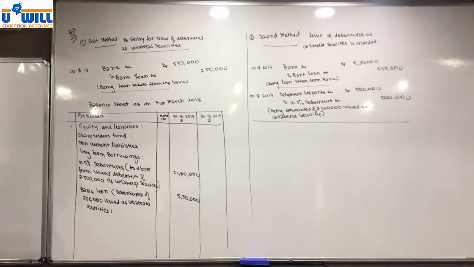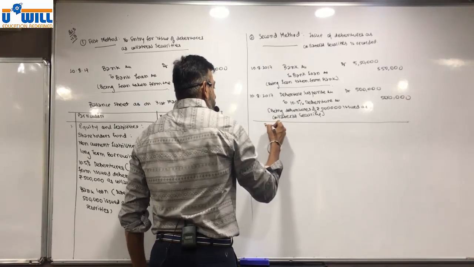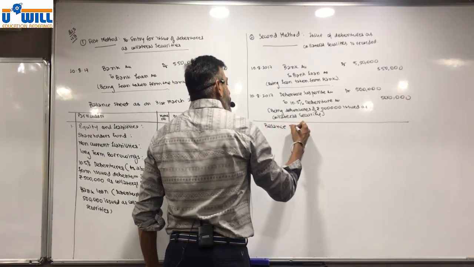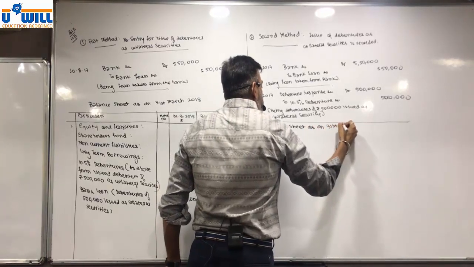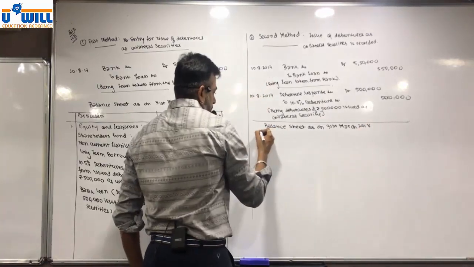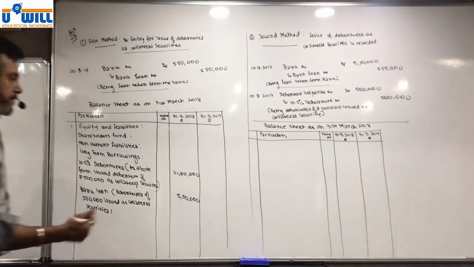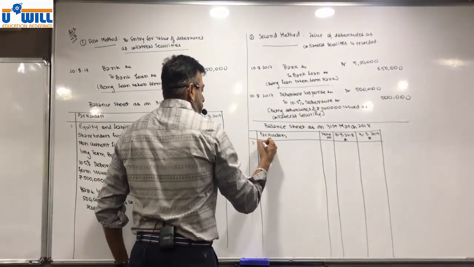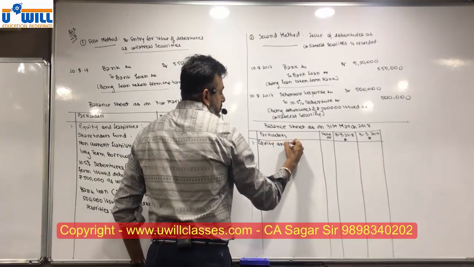We again make the balance sheet format and see the effect of this in the balance sheet. Balance sheet as on 31st March 2018. Make the format. Now, again first, equity and liabilities.